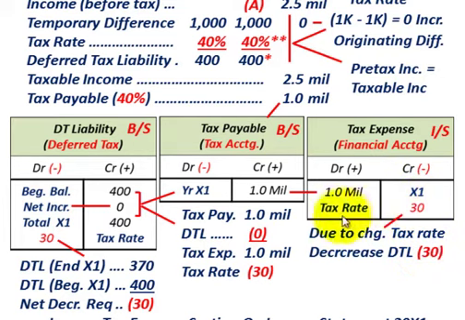When you're dealing with changes in tax rates, you just have to adjust your deferred tax liability by whatever the effect was of the change in that tax rate. We were recording it for the end of year X1, and we were informed by the government that our enacted tax rate for year X3 was going to go down to 34%, which reduced our deferred tax liability by $30,000.